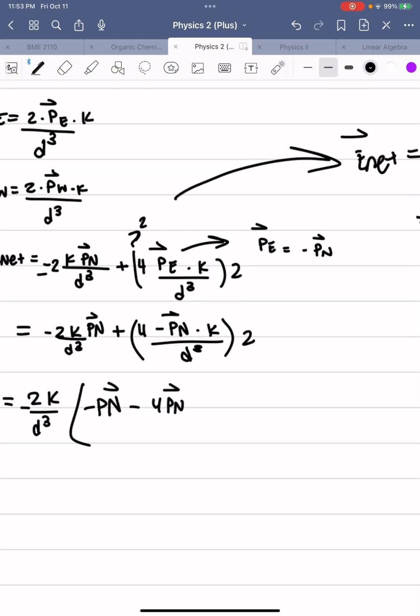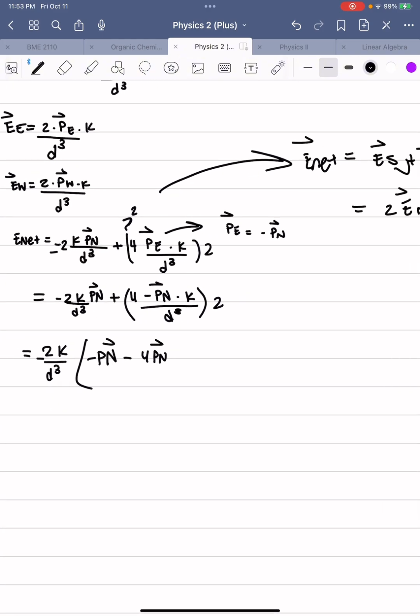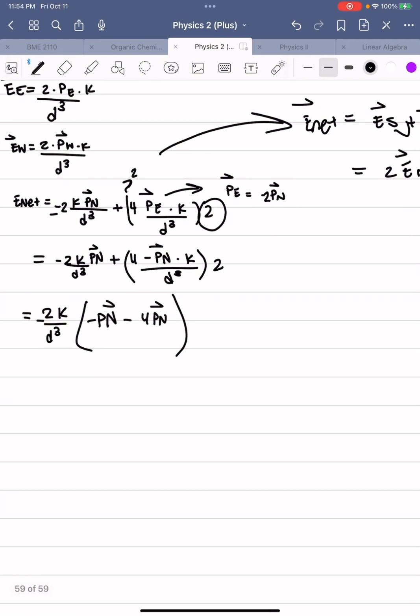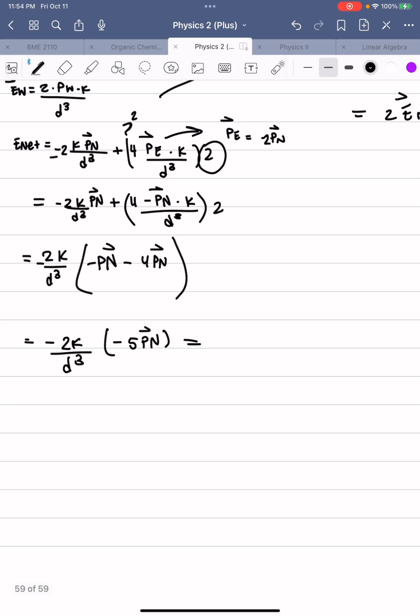But we have the same thing, we just needed to add the 2. We forgot that little detail, but it's okay, guys, because this formula over here includes 2, so this is 2. Yeah, okay, so this is our thing. We're going to calculate this, so it's going to be negative 2k over d cubed, negative 5p. And so finally, oh my gosh, finally we can plug everything in.